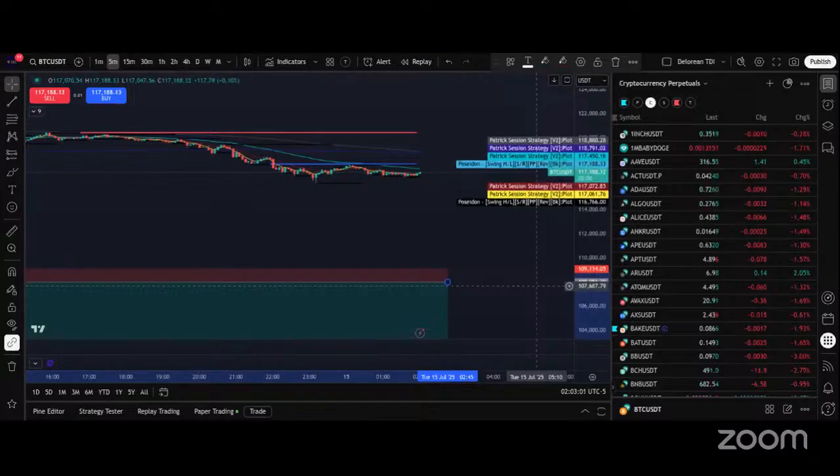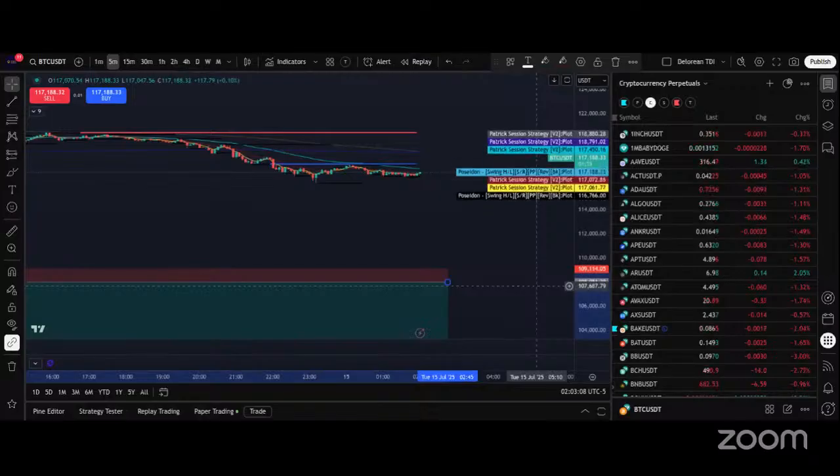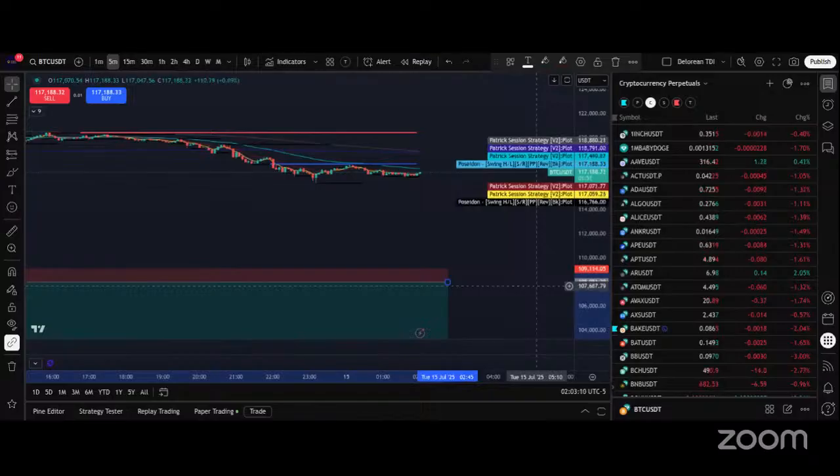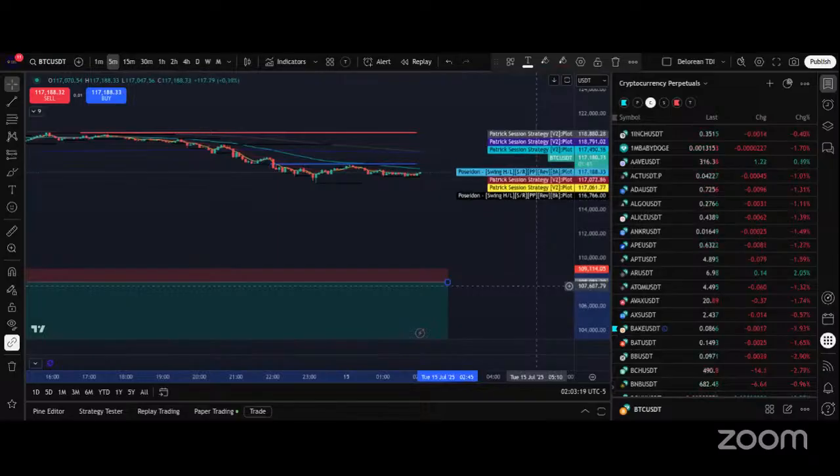Then the other three lines are the aqua line, which is the 50 exponential moving average, the gray line, which is the 200 exponential moving average, and the blue line, which is the 800 exponential moving average. What you're looking for is for those three lines to be in a certain order.